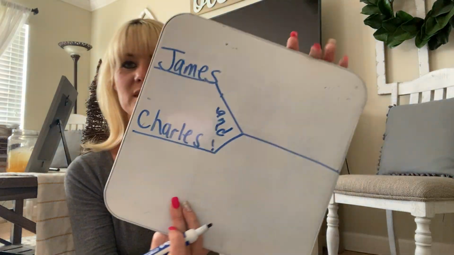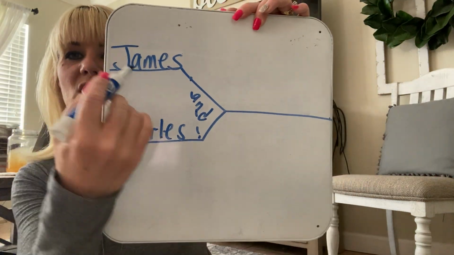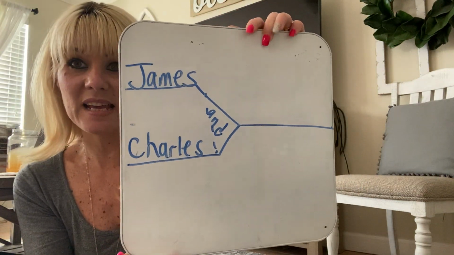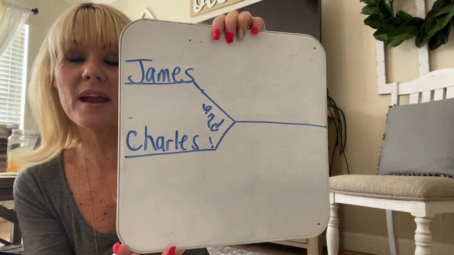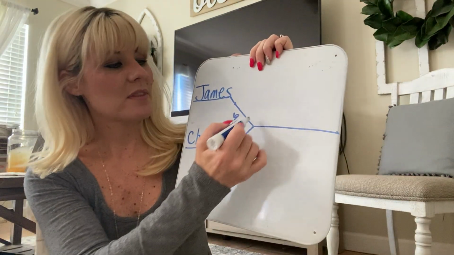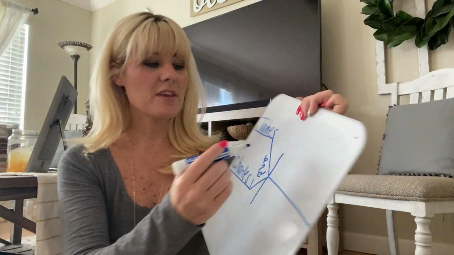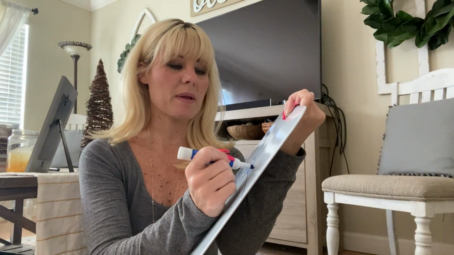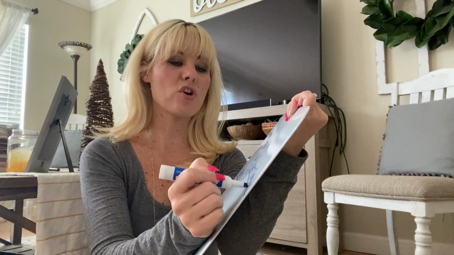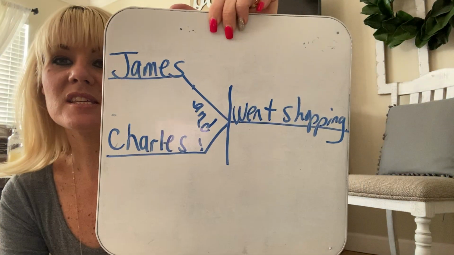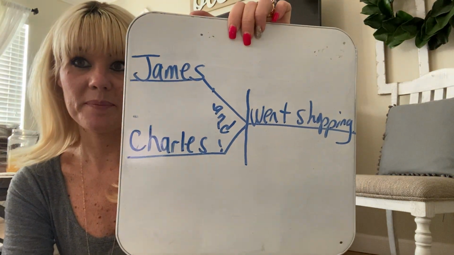Let me show you what that looks like. This is what it would look like. James and Charles are both the subject, and since you can't put two names on one line, you make a little rocket ship. Then you still have the line to separate the predicate or the verb, and then you're gonna write went shopping is the verb. That's what they did. So this is what that diagramming would look like.